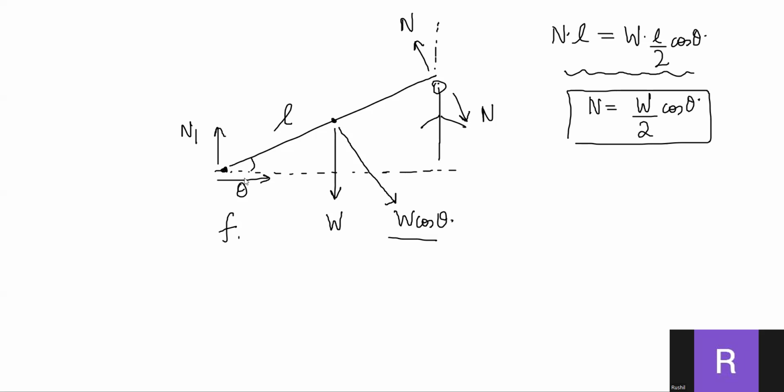So, your equations will be: vertical equation is N1 plus N cos theta is equal to W, where this angle is 90 minus theta, this is theta. And horizontal equation is N sine theta is equal to F. Right.